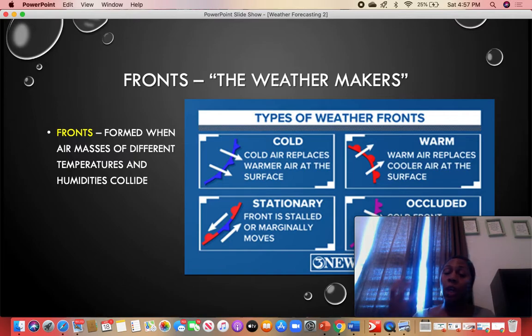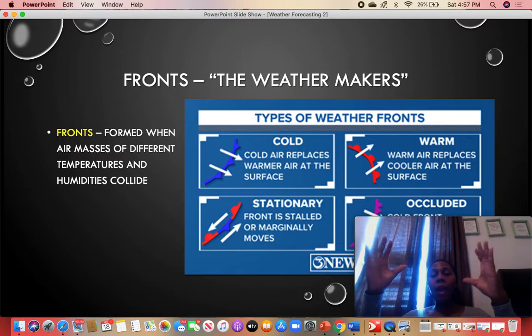So we have what's called a cold front. And so remember with air, warm air rises, cold air sinks. So it's similar to what we talked about in the oceans unit when we talked about warmer water rising and colder water sinking. Same concept that applies to air as well. So we have a cold air mass that's approaching a warm air mass.